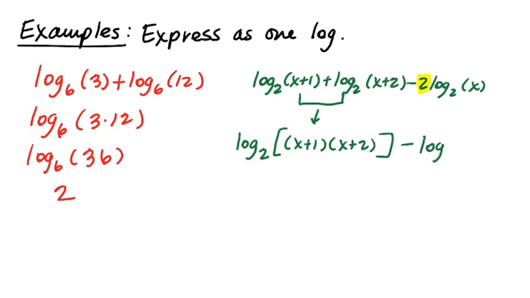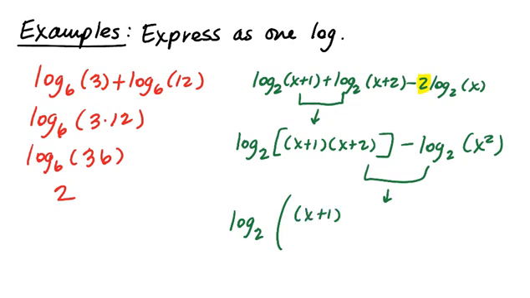Minus the log with base 2 of x squared. Now I've got 2 logs subtracted from each other, so I can divide the arguments. So this would be x plus 1 times x plus 2, and then divided by this argument over here, this x squared.